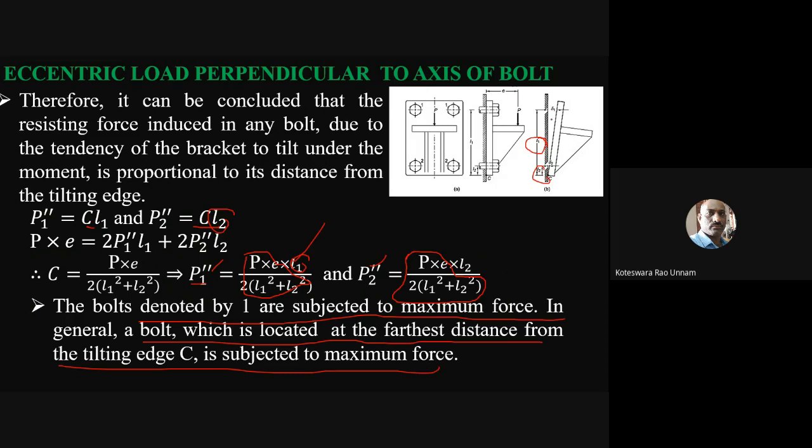Whatever bolt is farthest from this tilting point, that bolt is subjected to the maximum force. Here in this case, bolt set 1 is far away from this tilting point, therefore your P1 double dash is going to be the maximum.